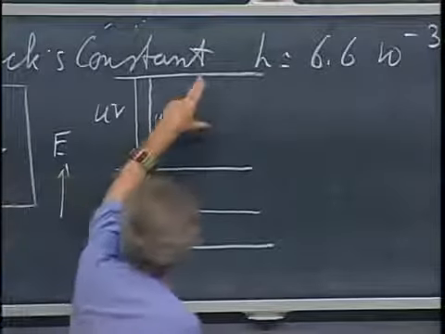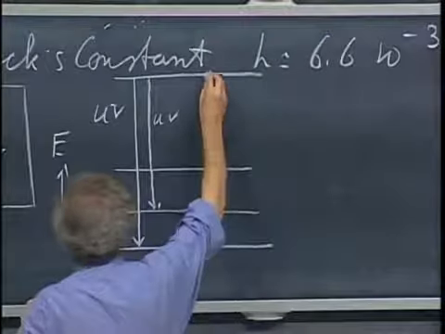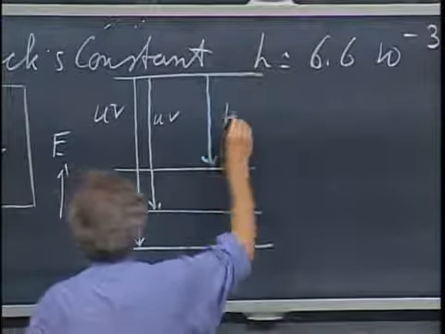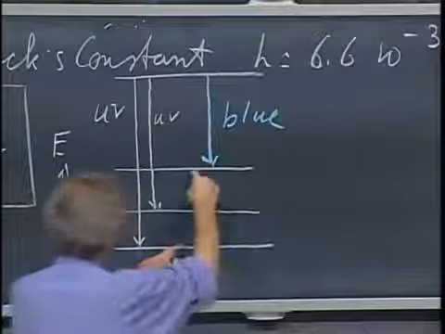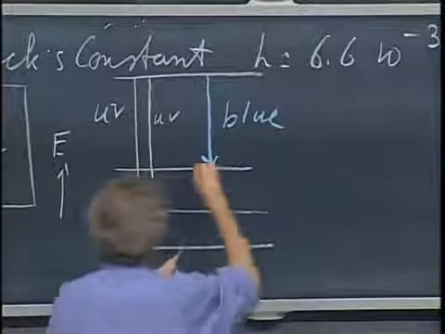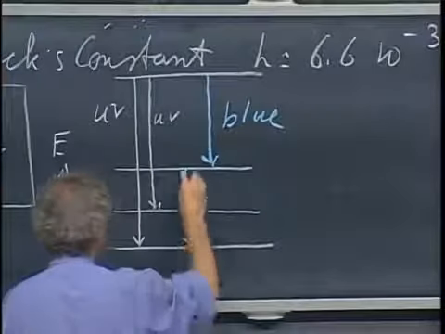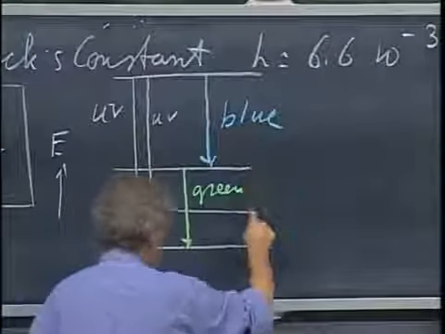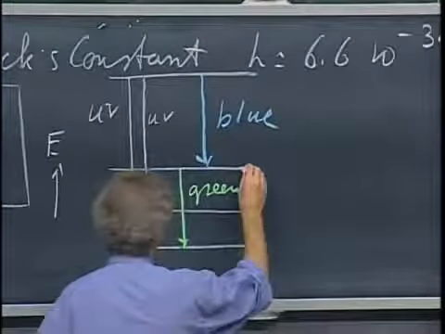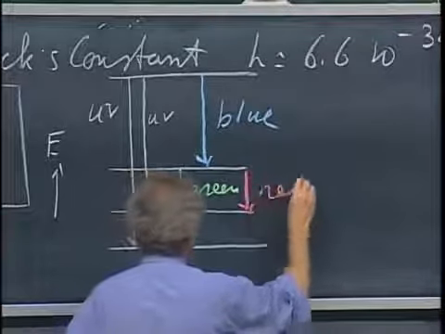But now this jump, which is a little less energy, that may be in the blue part of our spectrum. So we may see this as blue light. And this one, which is a little less, this jump may generate green light. And the jump from here to here, which is even less, may generate red light.